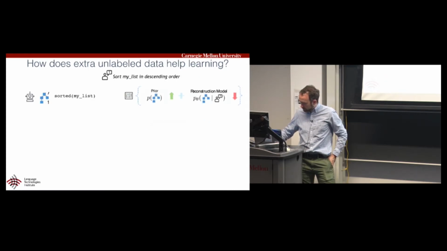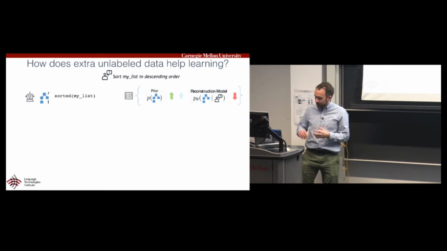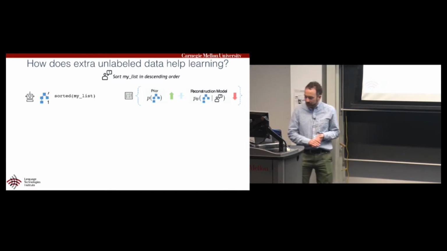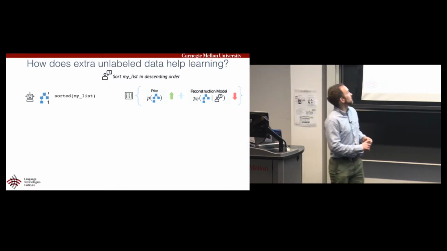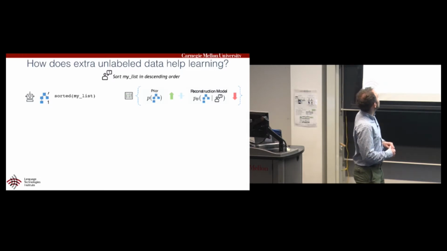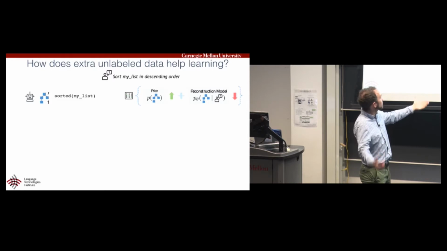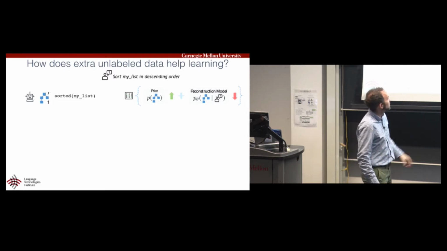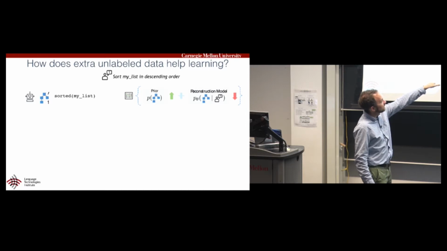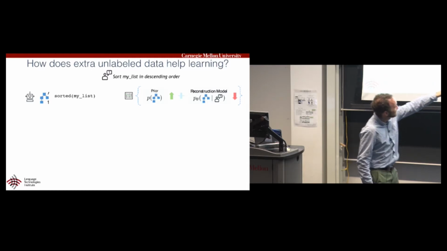To give a more concrete example, if we have "sort my list in descending order", and we have an output of sorted my list, this is natural Python, natural code or tree structure. So the prior probability is high, but the reconstruction model, sorry, there are lots of typos here.